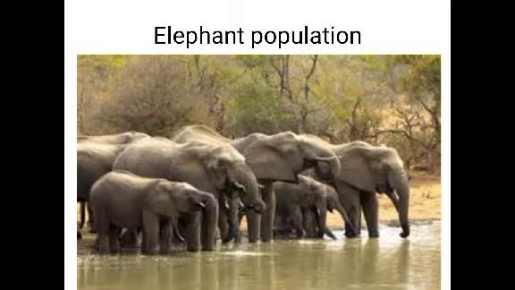Okay, so when we consider an individual organism, we say that organism has to adjust with the environment. When the environment is changing, if that organism is capable of adapting itself to the changing environment, that organism will be able to survive, isn't it?